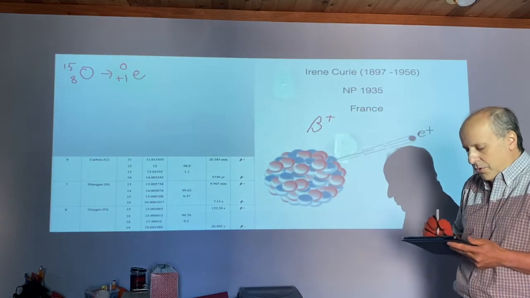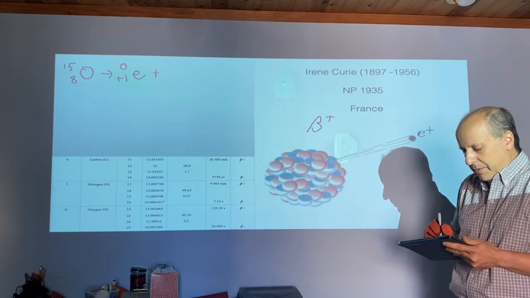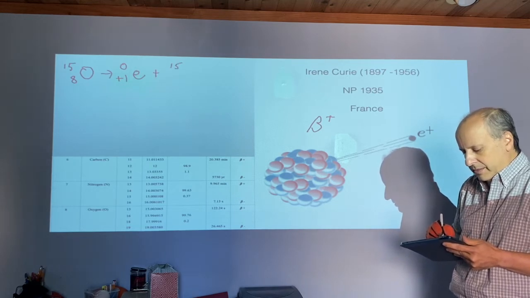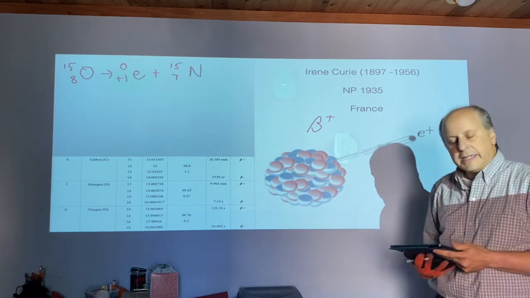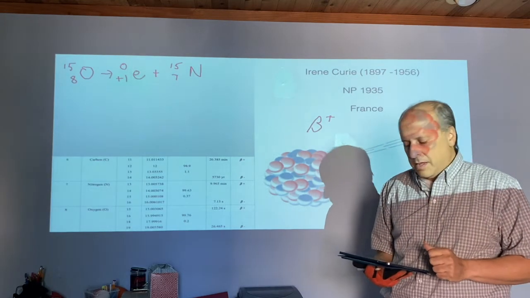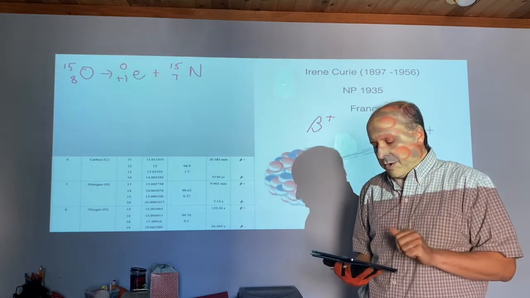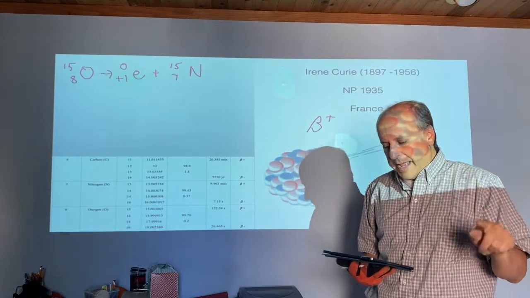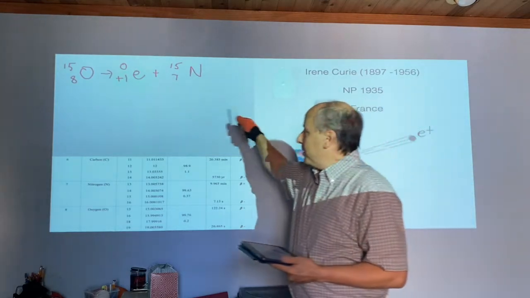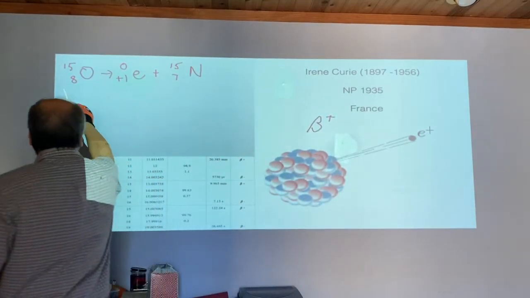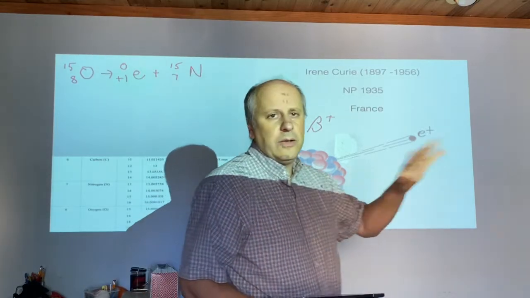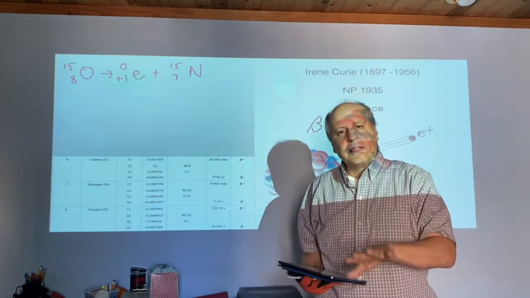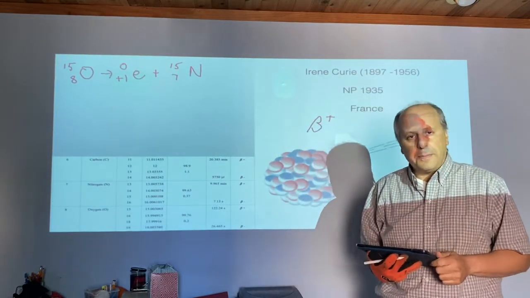And then the new element would need 15 nucleons, 7 protons, and that once again is nitrogen. Okay, so we work our way through with the rule being that the numbers on the bottom have to add up and the numbers on the top have to add up. The left equals the right for the bottom, the left equals the right for the top.